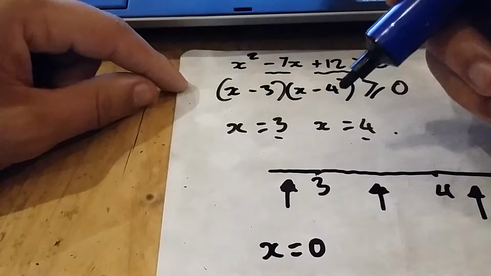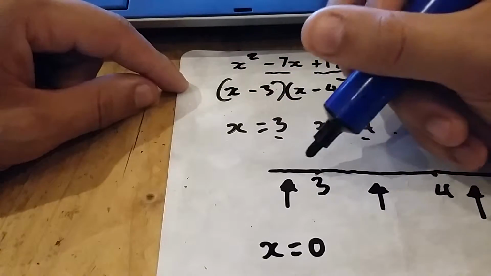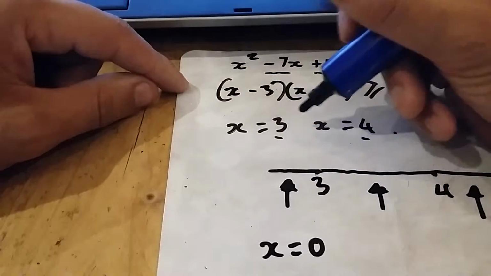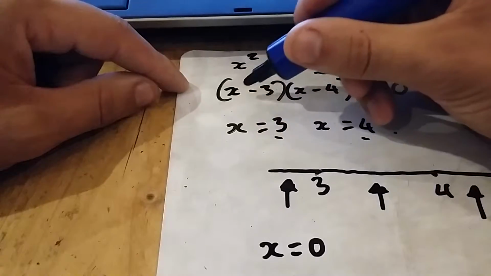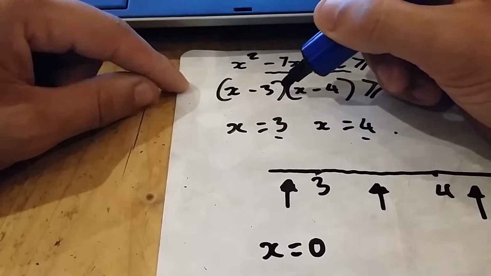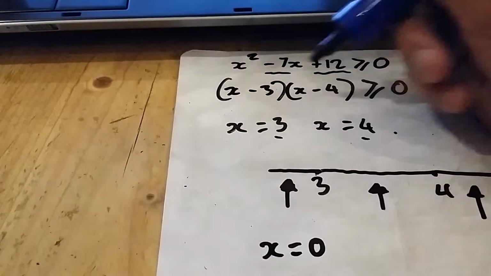So that suggests that x can be less than or equal to 3, because we know that when we substitute 3 into the brackets here, that gets us 0, and anything times 0 is 0.